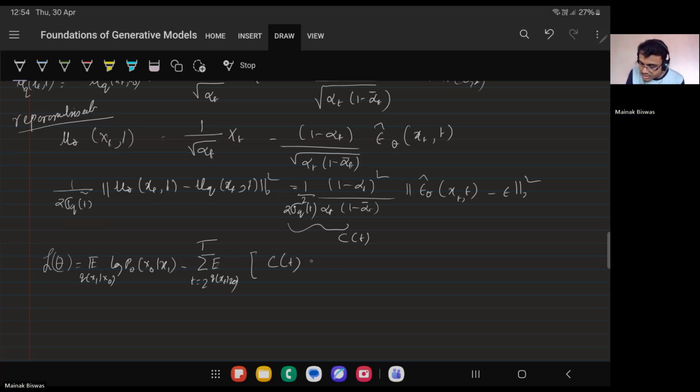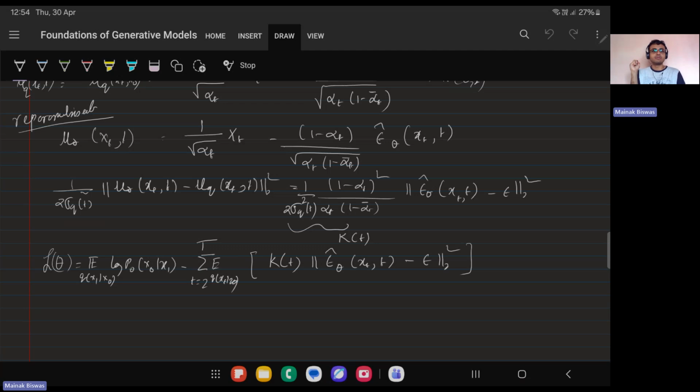Ct times epsilon theta of xt, t minus epsilon. So this is what you get. Or let us put it as some constant kt.